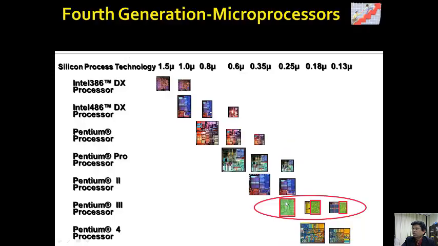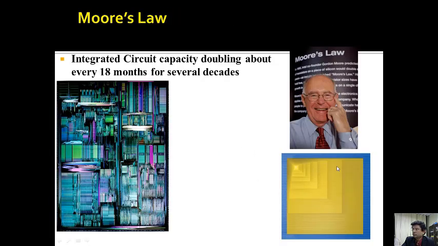Moore's law states that the number of transistors that can be integrated doubles every 18 months. That means today, if we have 1 billion transistors in this area, in 18 months from now we can integrate the same number of transistors in a much smaller area.